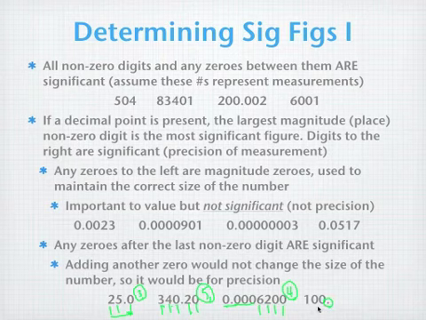If I didn't have a decimal point, as we'll see on the next page, we wouldn't consider these zeros significant, but because that decimal point is there, here's our first non-zero digit, and every digit after that counts as being significant, and that's the way to make numbers like this one have zeros that are significant. This is 3 significant figures.